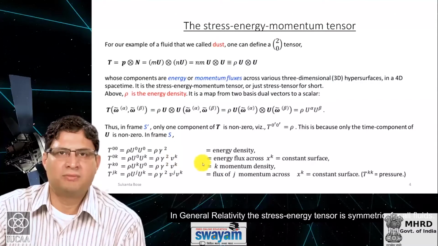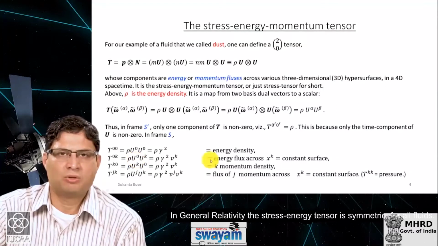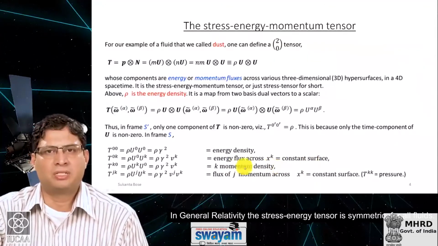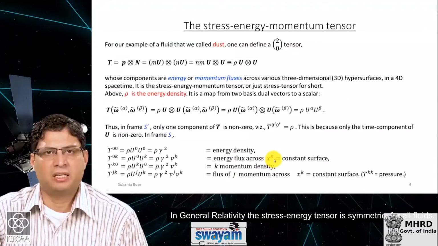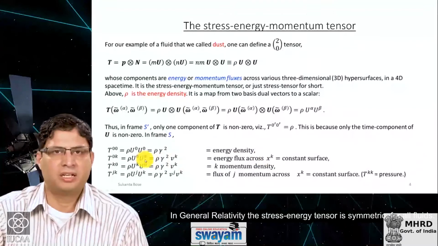This is the energy flux. Energy comes from the first coordinate, which is the time coordinate. So, it is the energy flux across xk equal to constant surface, where the fact that it is a flux in that direction comes from the second index k here.